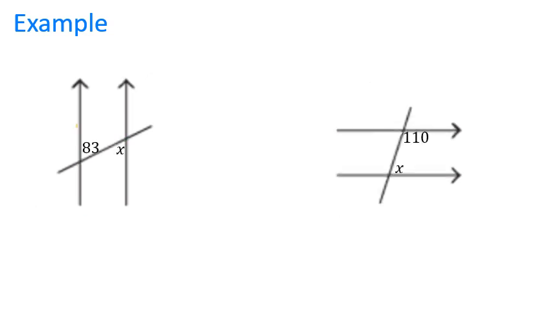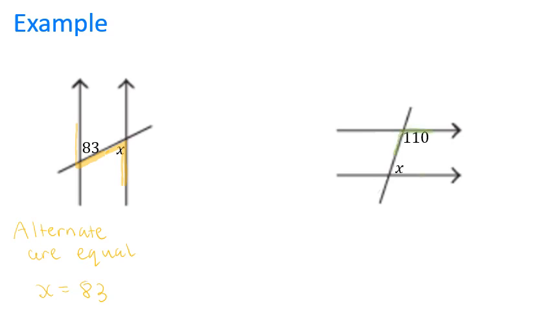I draw in the corners, which makes a Z shape, even though it's kind of upside down, which is alternate. And alternate we know are equal. So x equals 83.